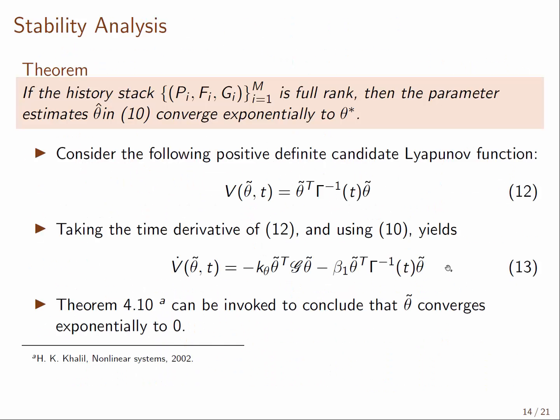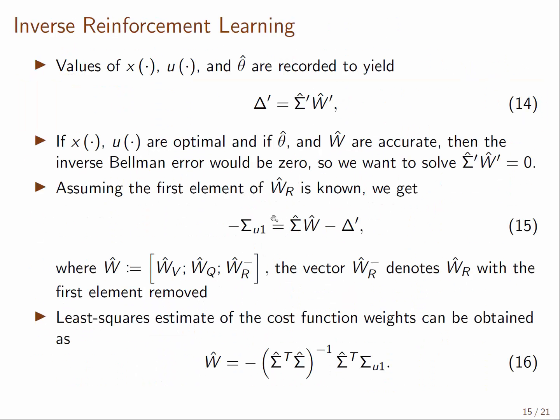Now we use our Hamilton-Jacobi-Bellman equation. If x and u are optimal and if the weights theta hat and w hat are accurate, then the HJB equation would be satisfied, which means the inverse Bellman error would be 0. So in a sense, what we're doing here is given x, u, and theta hat, we're trying to find w hat so that sigma primed times w hat primed is equal to 0.